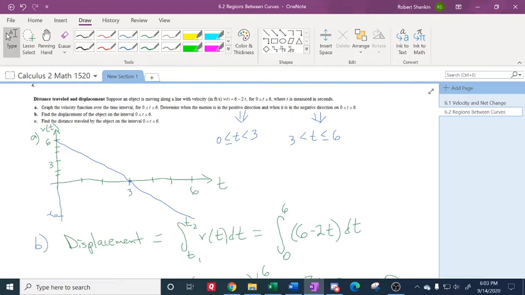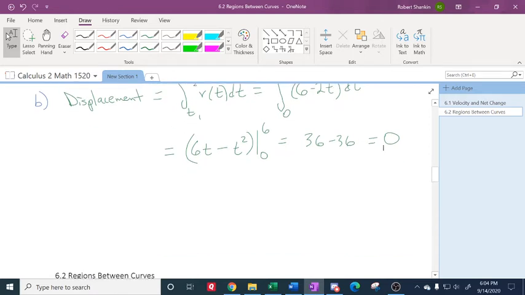Okay, 15 seconds more. All right, let's go for the distance traveled, part C. It's the integral from the first time to the second time of the absolute value of the velocity. And distance traveled just means as if you're going in the positive direction the whole time.